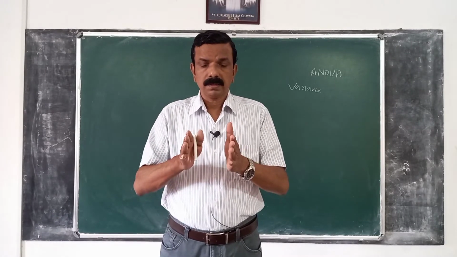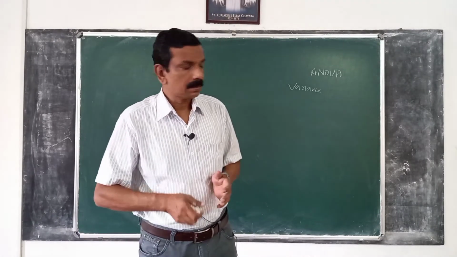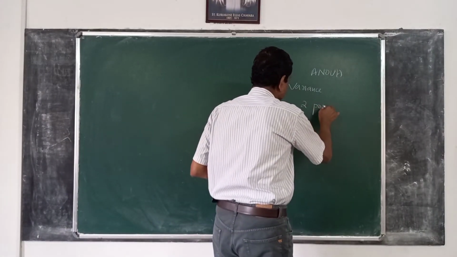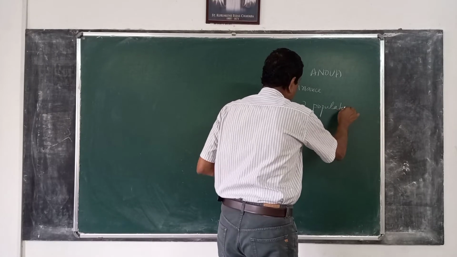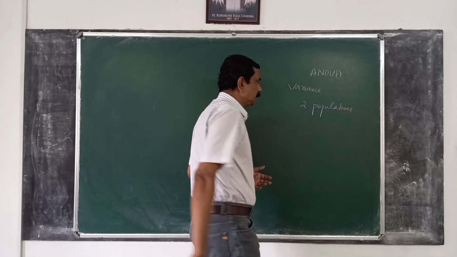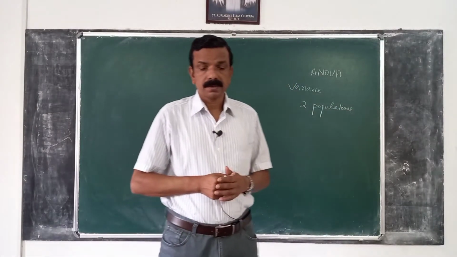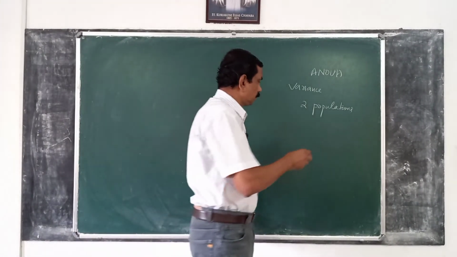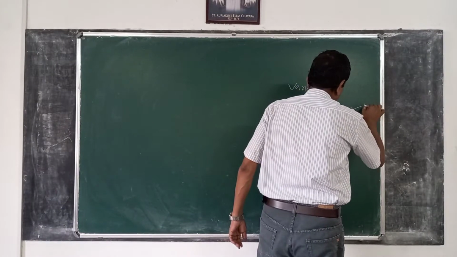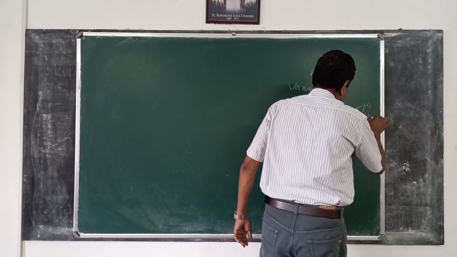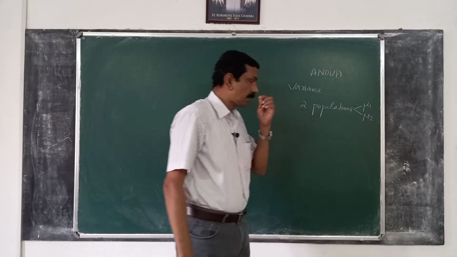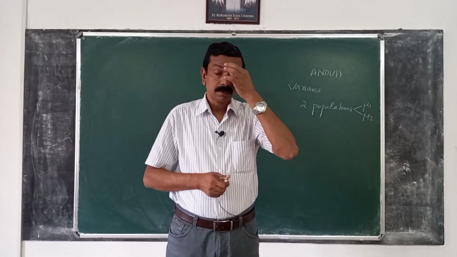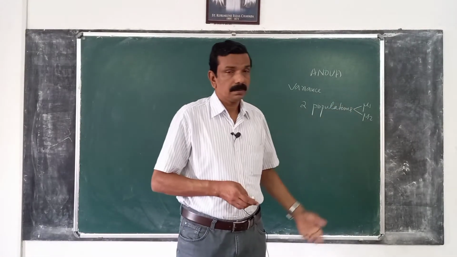let us consider independent random samples are taken from two populations having means mu1 and mu2. Suppose also that this mu1 and mu2 are unknown.